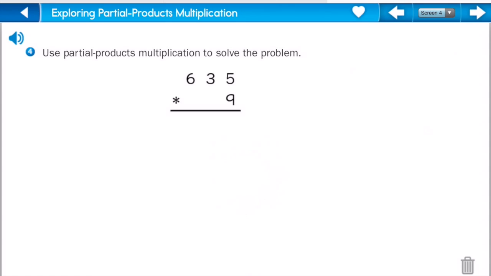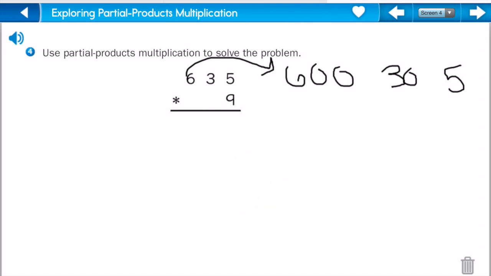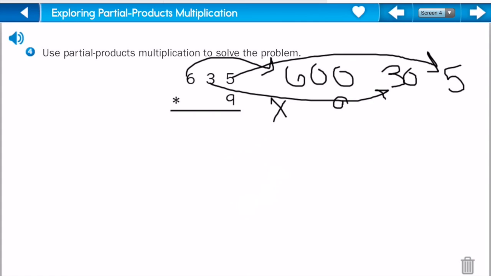So we're going to have to break this up. So I'm going to break it up into 600, 30, and 5. That's how we break it up. The hundreds, the tens, and the ones. So now I'm going to multiply all of them times 9. And then I'm going to add them up at the end.